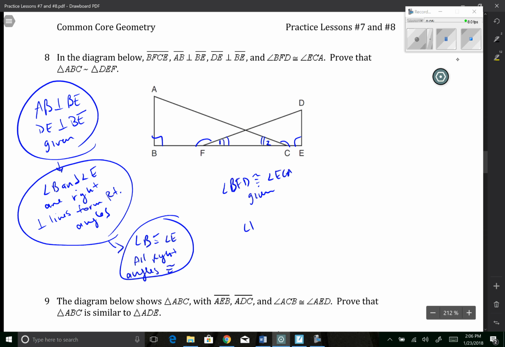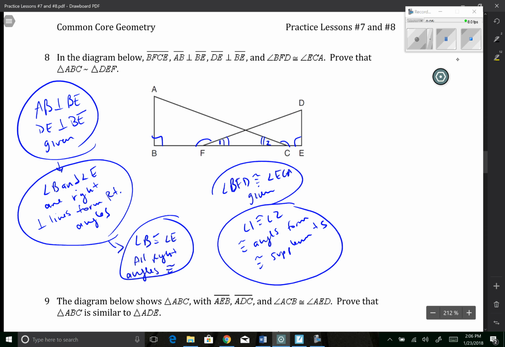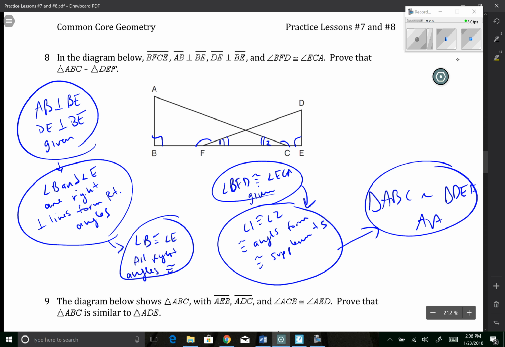So then I could say angle 1 is congruent to angle 2 because congruent angles form congruent supplements. That's a reason we haven't used in a really long time, but it is something we did, I promise. The last thing I could say is that the two triangles ABC and DEF are similar because of angle, and I have 1, 2 angles showing me that.